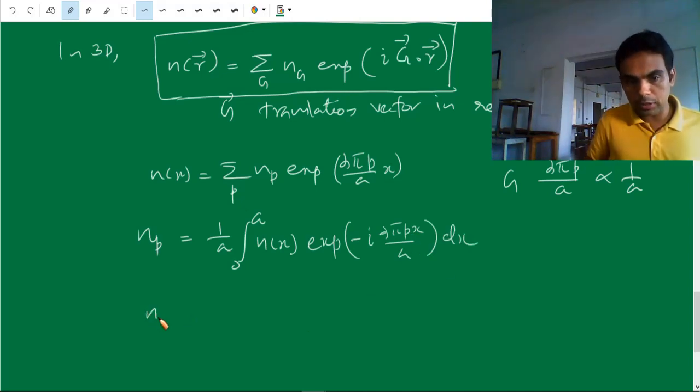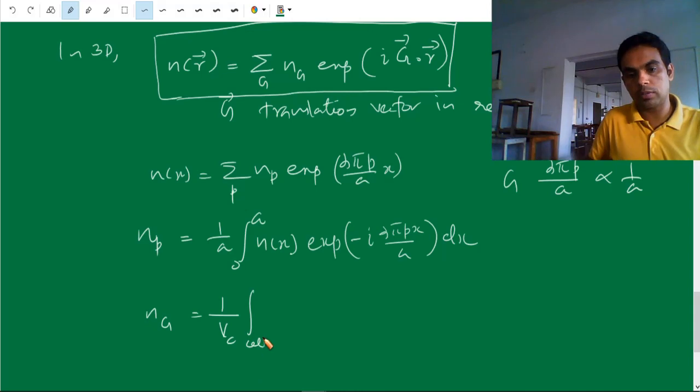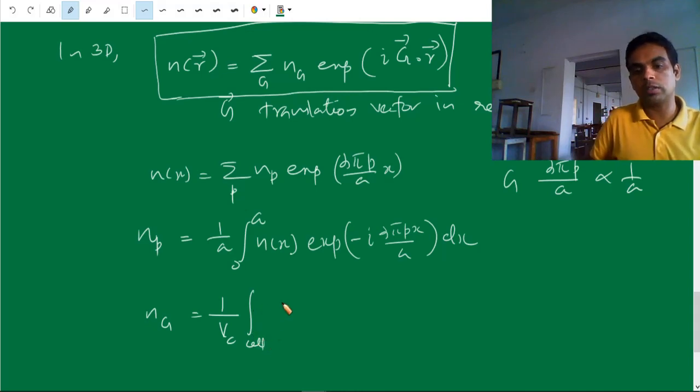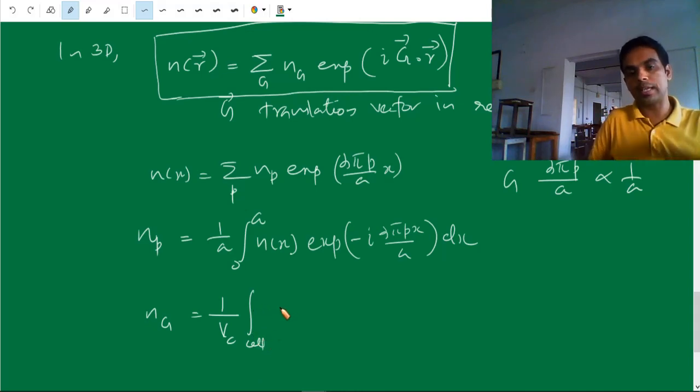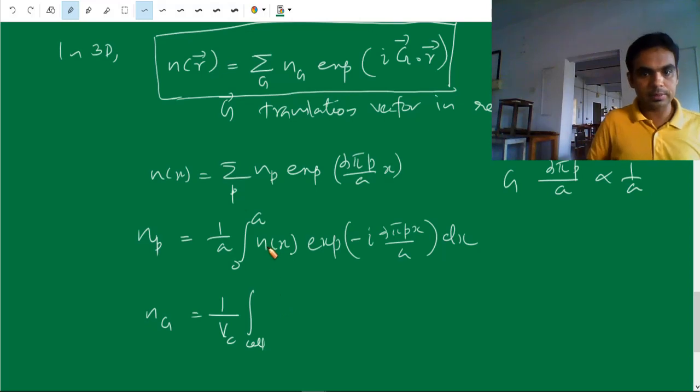In 3 dimensions, n_G is equal to, instead of 1 by a, the dimension in one axis, it will become a volume, the volume of the crystal cell Vc. So we have to integrate over the cell along the a1, a2, and a3 axes.